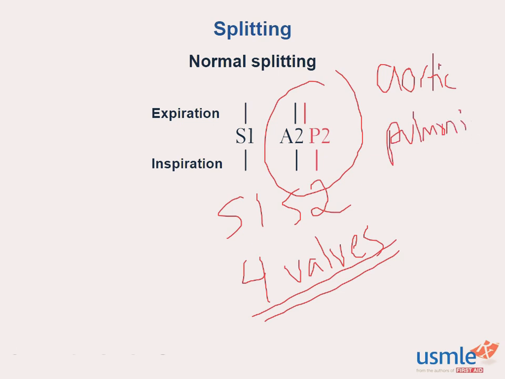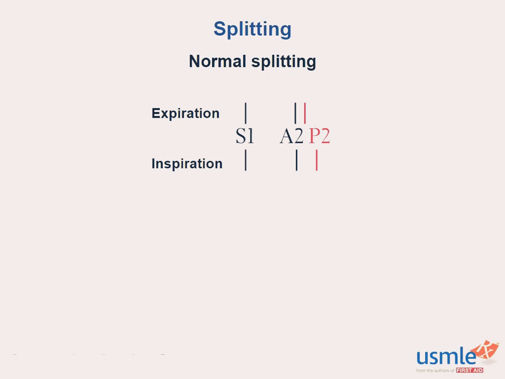And this brings up a concept called normal splitting, or physiologic splitting. The S2 heart sound can be split into distinct aortic and pulmonic sounds. This splitting occurs as a result of respiration. There are variations in respiration, specifically in inspiration, that cause the A2 and P2 heart sounds to split.